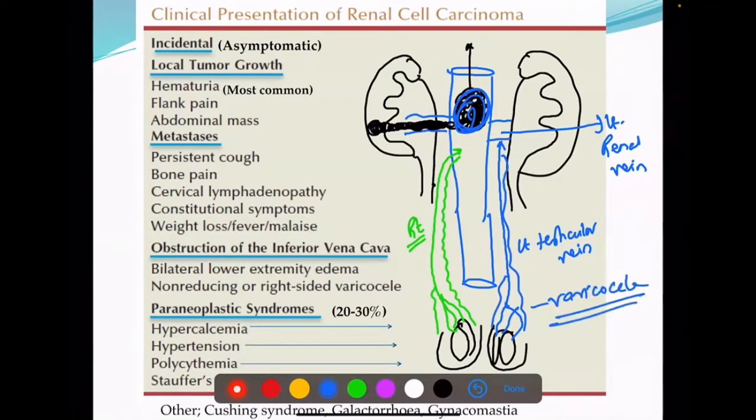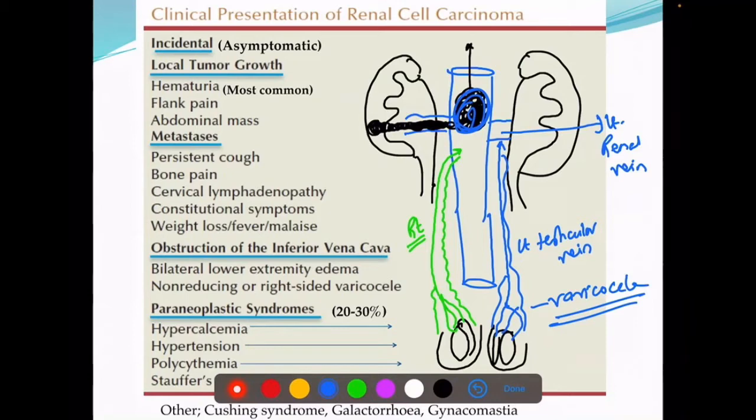So whenever you diagnose a varicocele in elderly population, like 50s, 60s, try to identify whether there is RCC or not, because this varicocele may be the manifestation of RCC involving the inferior vena cava. If the varicocele is found in a very young patient like 20s and 30s, you do not think about RCC. But if an elderly male patient in his 60s comes to you showing varicocele, try to identify whether he has RCC or not.